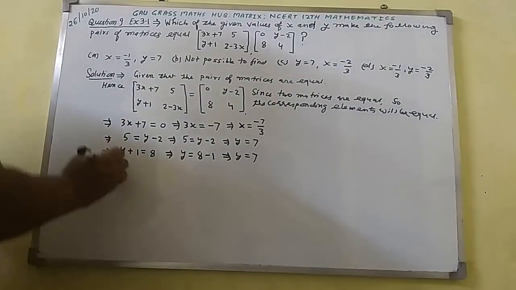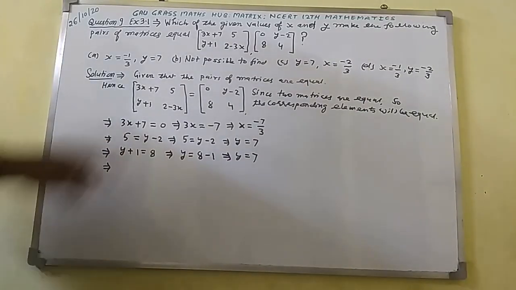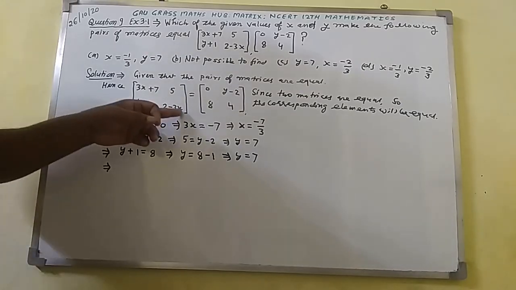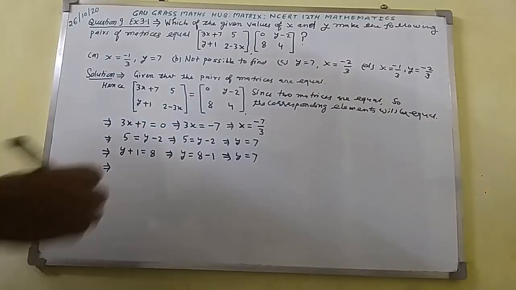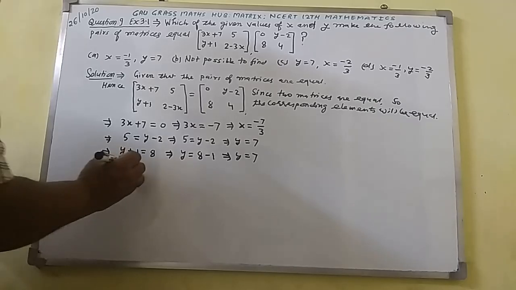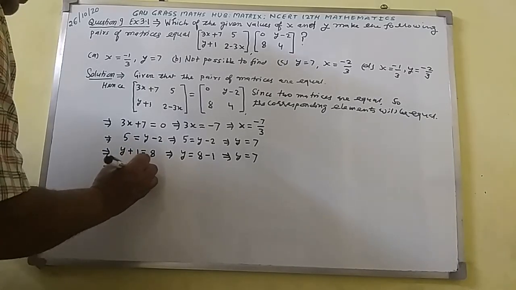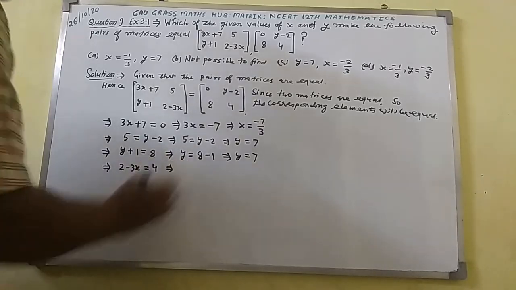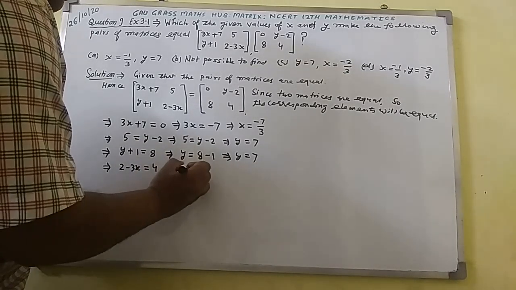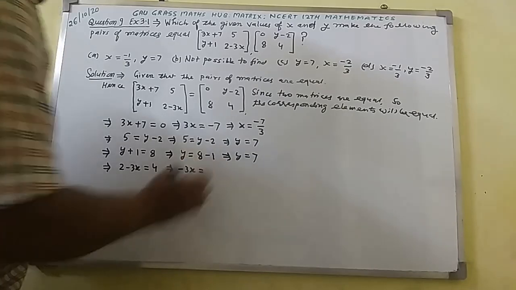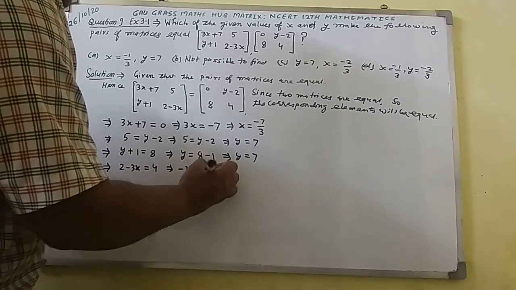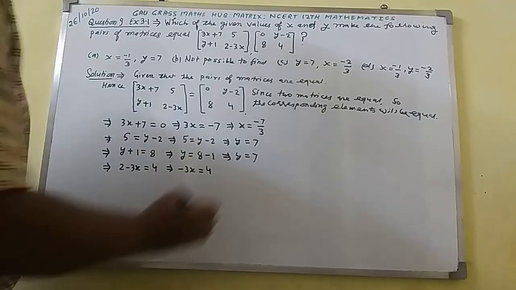Again you will get here implied that the corresponding element of 2 minus 3x will be 4. So here 2 minus 3x will be equal to 4. You will get here minus 3x equal to 4 minus 2.